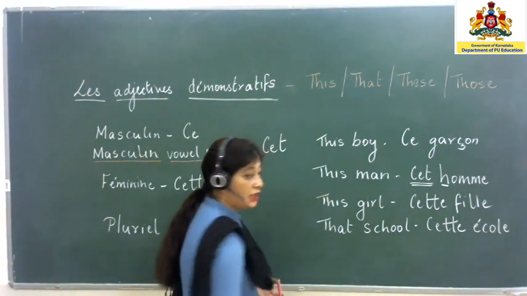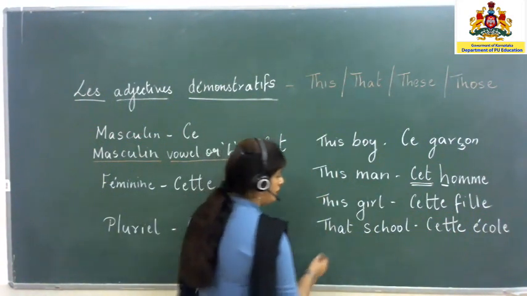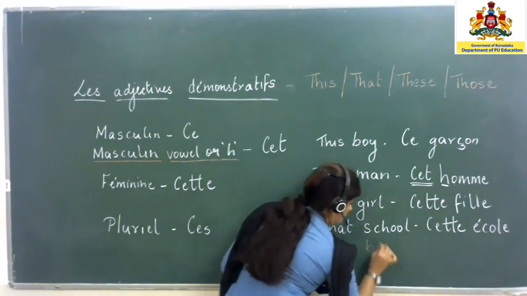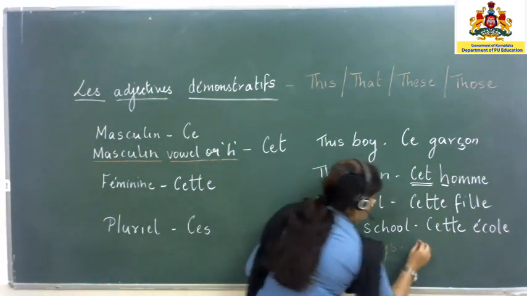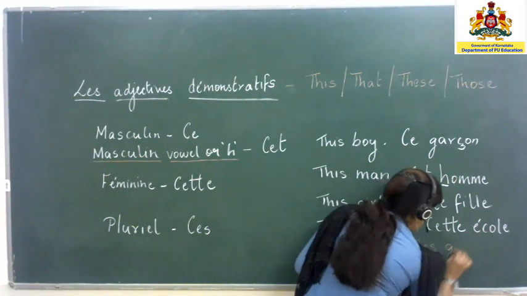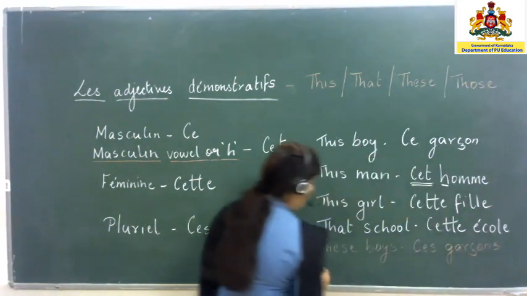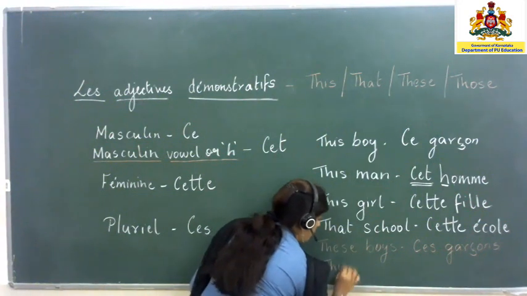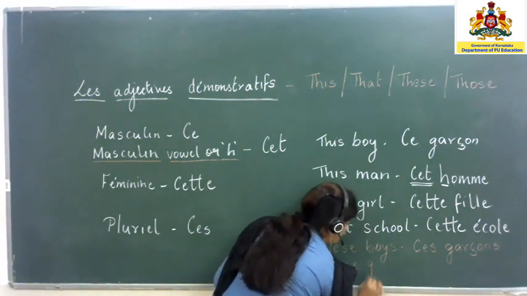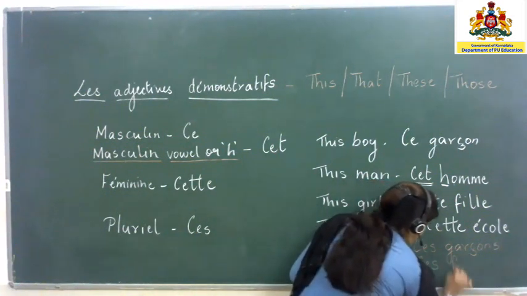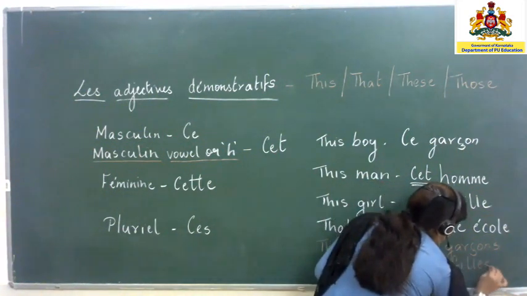Now if we change any of these to the plural forms, if you want to say these boys, it will be ces garçons. If you want to say those girls, it will be ces filles.